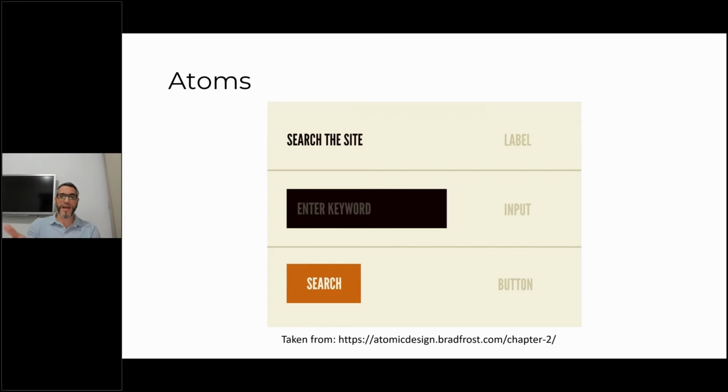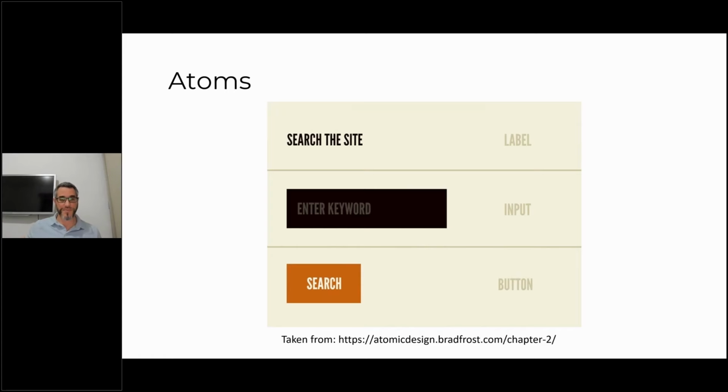For example, a label, an HTML label, or an input, which is an atom for inserting some characters and working with them, or even a button, or checkbox, or radio button, and things like that.